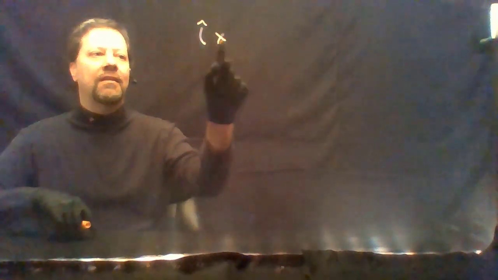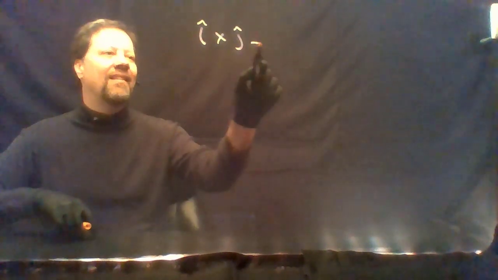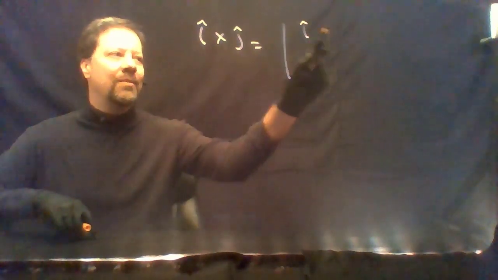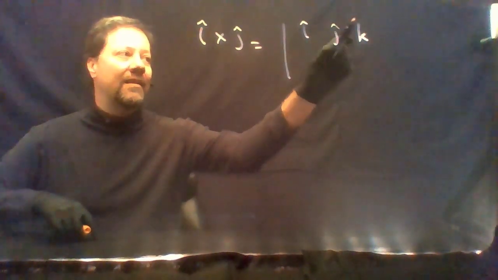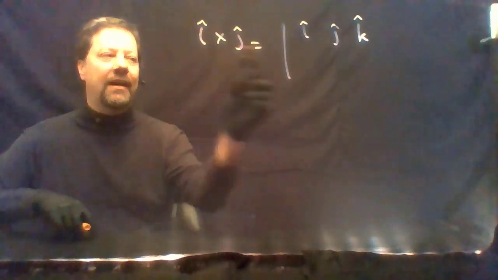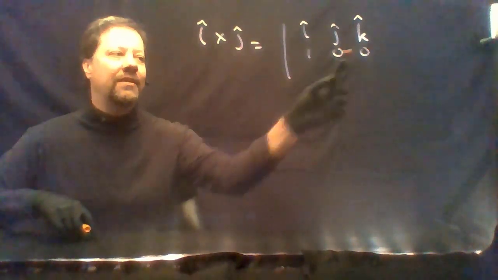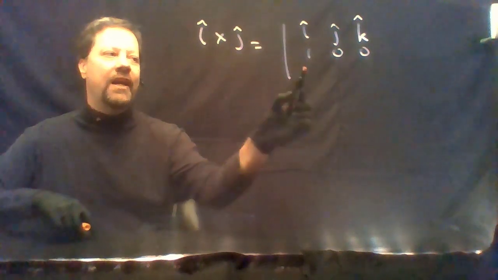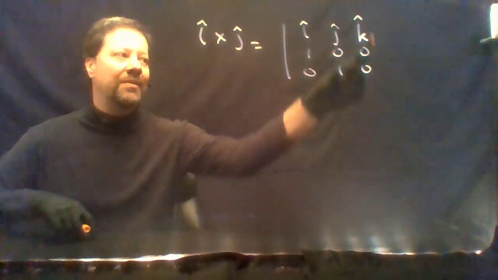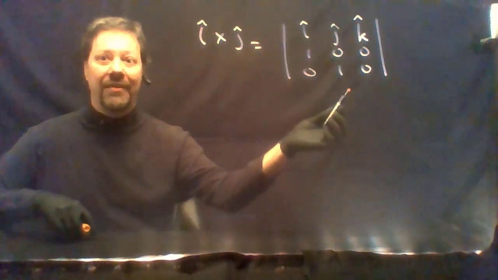I want to do some very basic examples. You need to have these in mind, and there's a specific way to think about them. I want to calculate i cross j. As you can see, this will be ijk. The coordinates of i are 1, 0, 0, and the coordinates of j are 0, 1, 0, by definition.